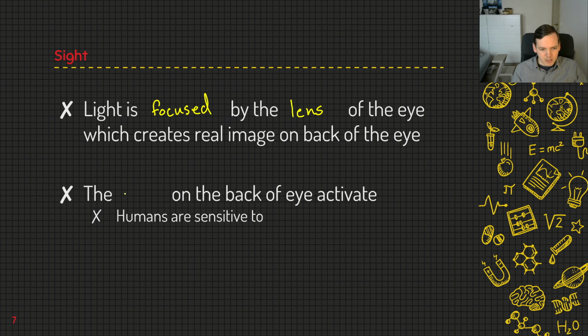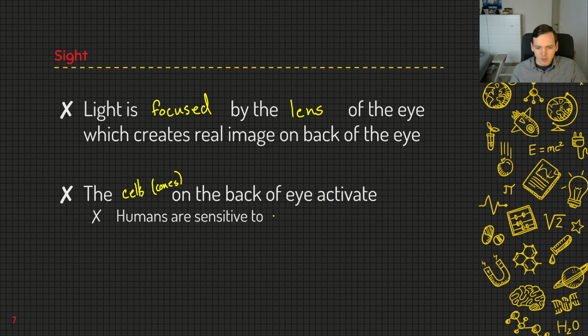Then the cells, and specifically if you remember from biology, those are going to be your cones and rods. We're going to talk specifically about cones, which can see colored light. They activate. So if certain light is hitting your eyes, they say, oh, I'm detecting this kind of light, or I'm detecting a lot of this light, or I'm detecting a little of this light.